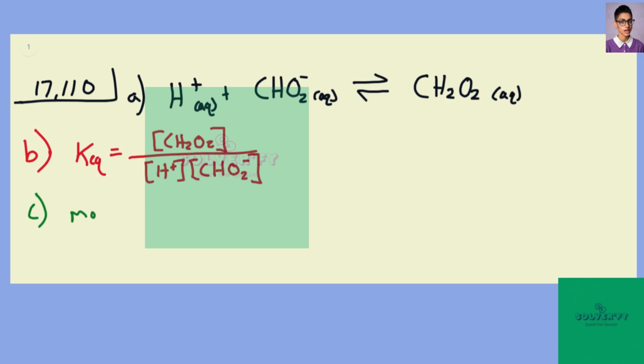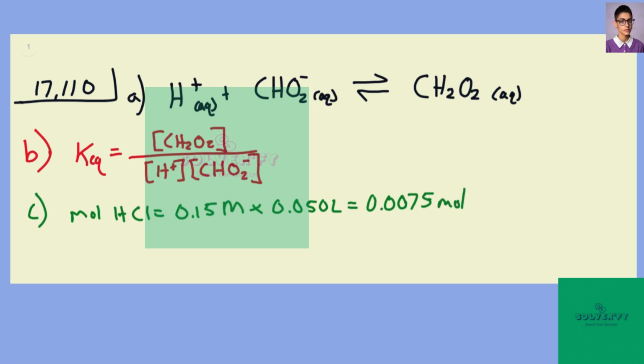So moles of HCl is equal to 0.15 molar times 0.05 liters, and that gives a value of 0.0075 moles.